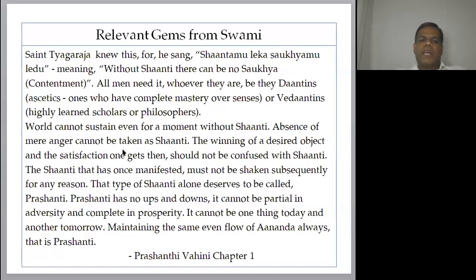Absence of mere anger cannot be taken as Shanti. The winning of a desired object and the satisfaction one gets then should not be confused with Shanti. The Shanti that has once manifested must not be shaken subsequently for any reason. That type of Shanti alone deserves to be called Prashanti.